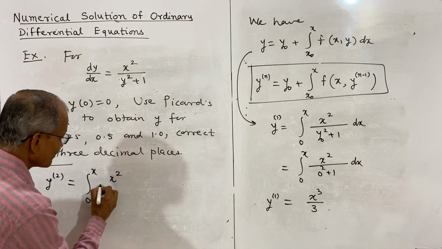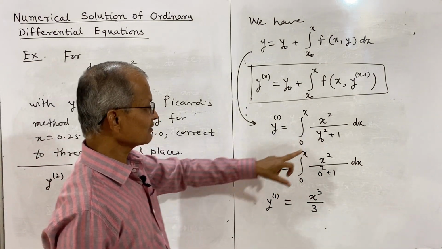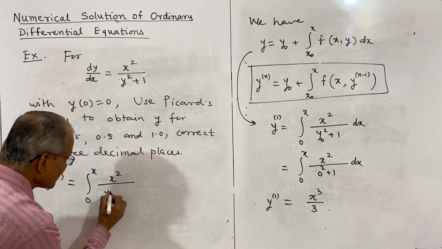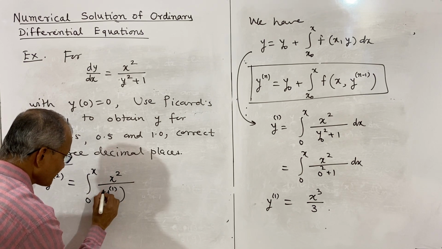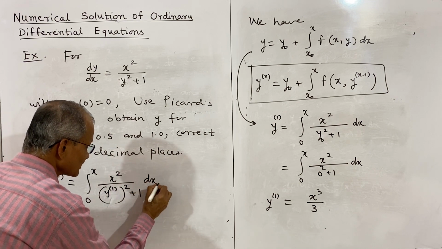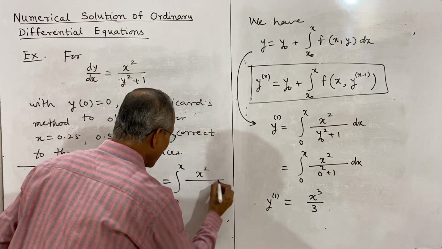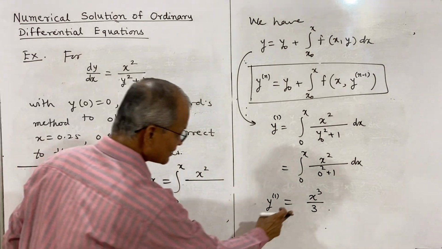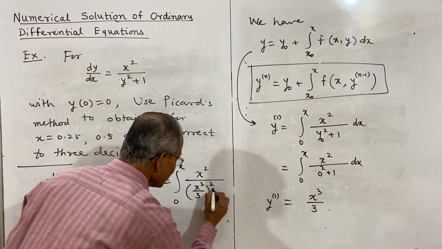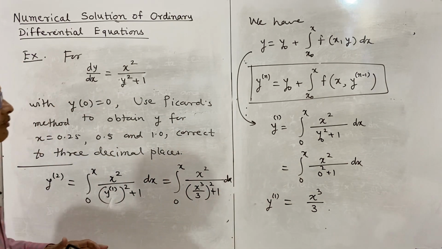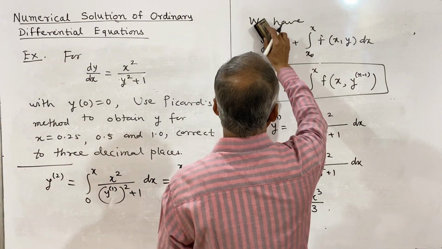Here it was y naught square, now it will be y1 square plus 1 into dx. What is y1 square? y1 is x cube by 3, so it will be x cube by 3, squared, plus 1 into dx.